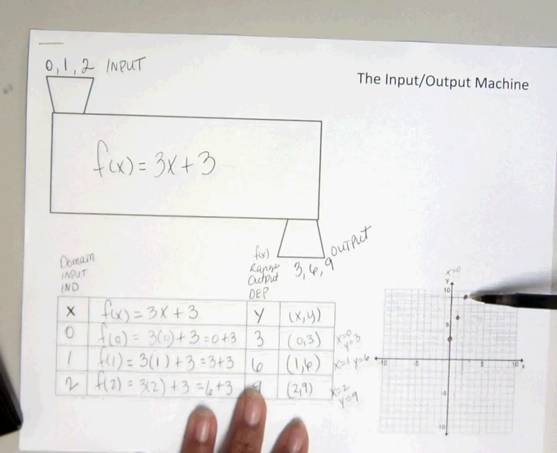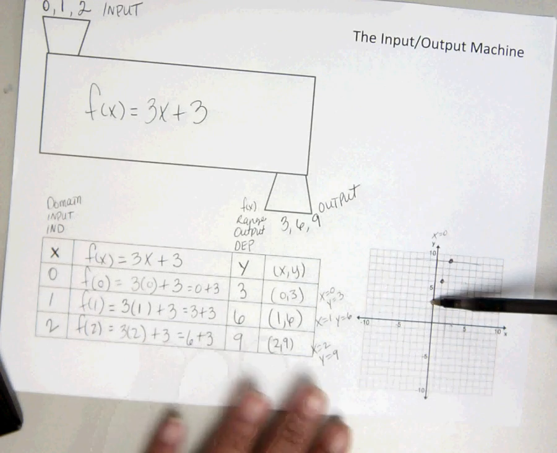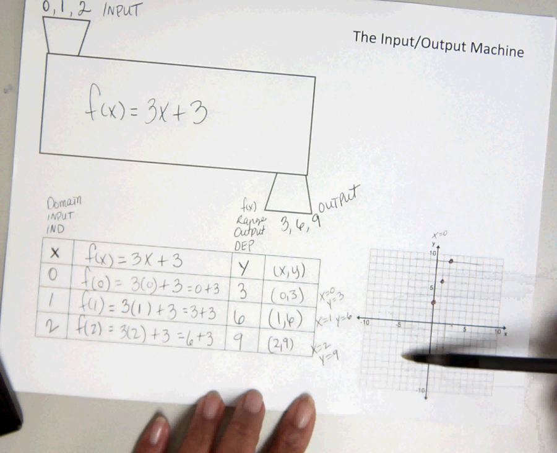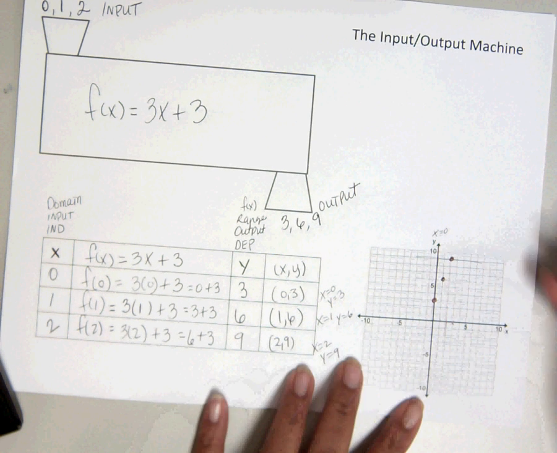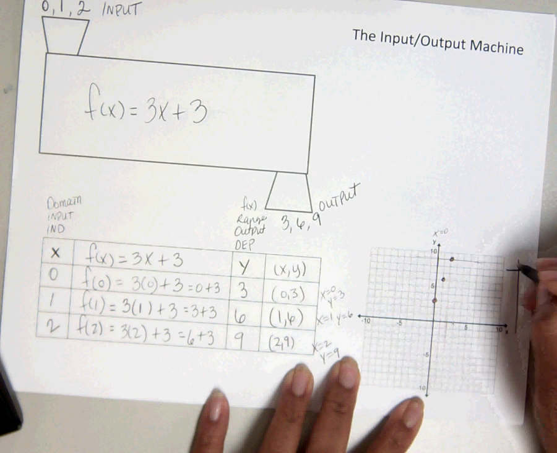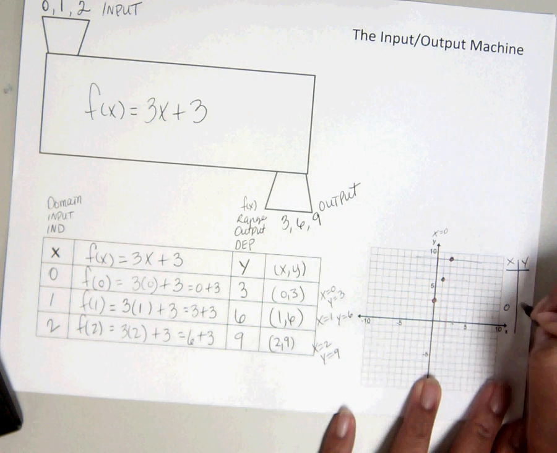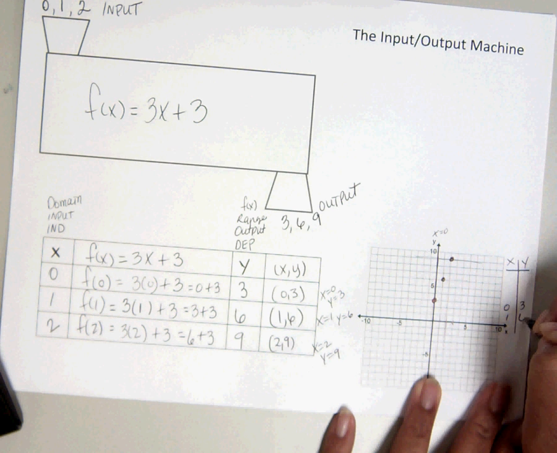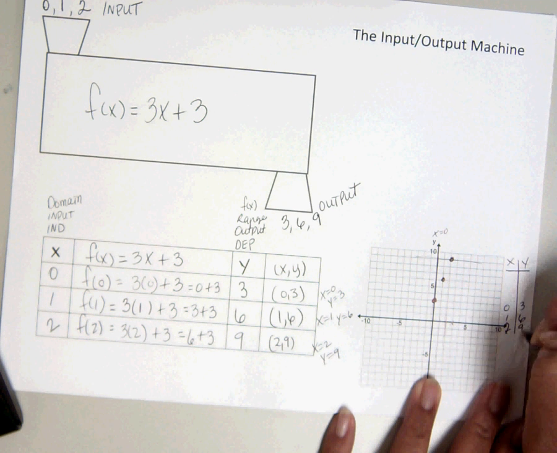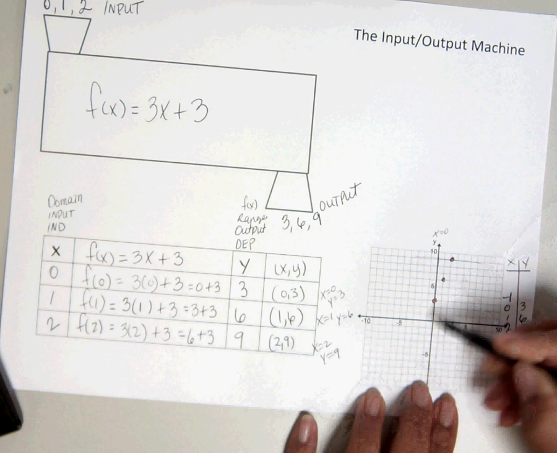So if you notice, I have 3 points, but there's still more room on this graph to graph more points. So can you figure out what the other points are? Right now I have 0, 3, 1, 6, and 2, 9. Can you tell me what it would be at -1?